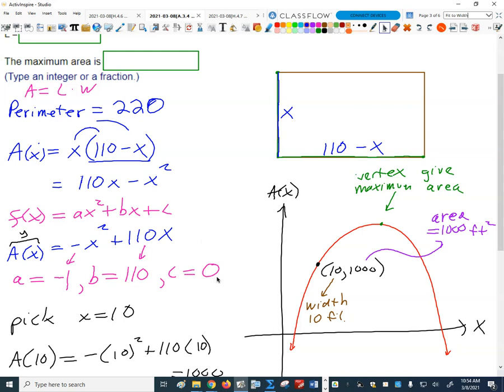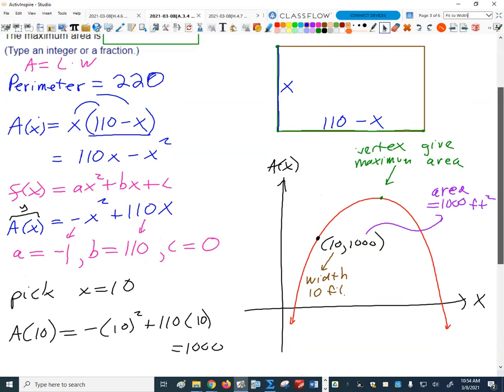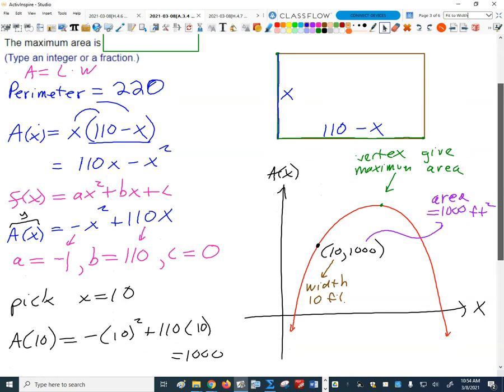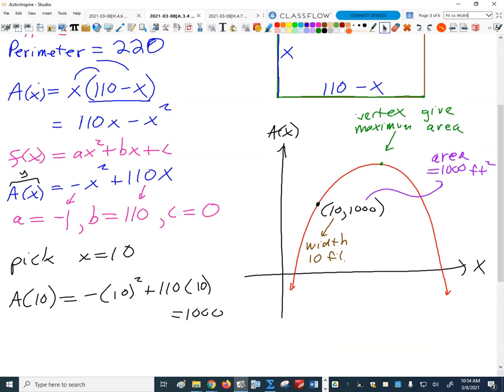And then given that information, we're able to come up with the coordinates of the vertex, and that's where we sort of left off. But I wanted to just reinforce that we already know some things about this. We know that because a is negative, the parabola is going to open down, and so its vertex is going to represent a maximum, right?